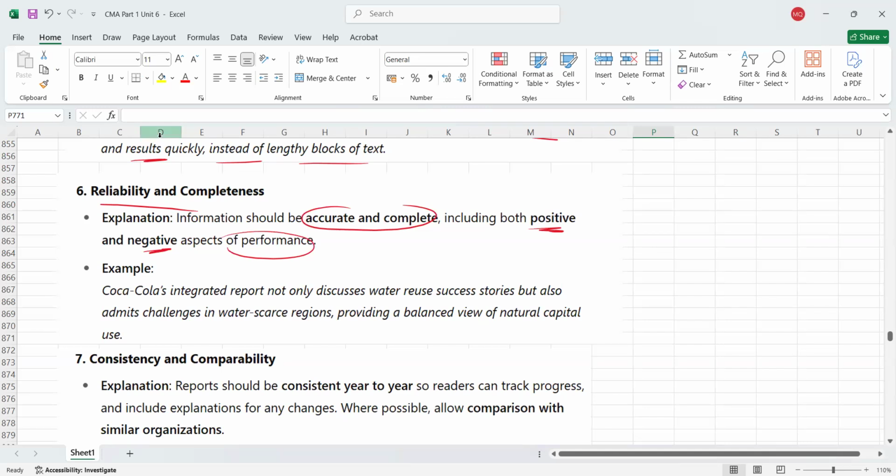For example, Coca-Cola's integrated report not only discusses water reuse success stories, they don't just tell you how they are reusing the water, but also admits challenges in water scarce regions, providing a balanced view of natural capital use.